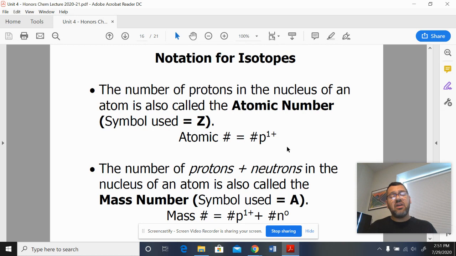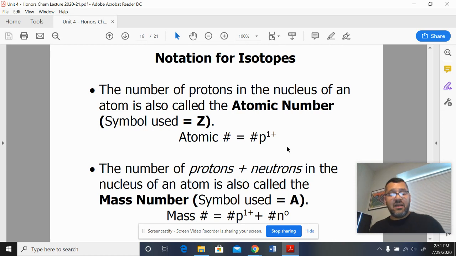And so when we think about isotopes and how we show what the different kinds there are, how do we show that? And that's what's called a notation. So again, the number of protons in the nucleus is what we use to identify an atom. And that is a fixed amount, and we call that the atomic number.